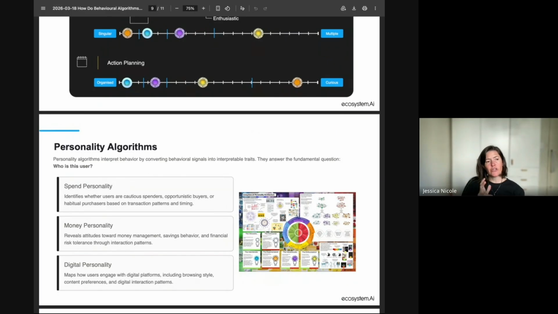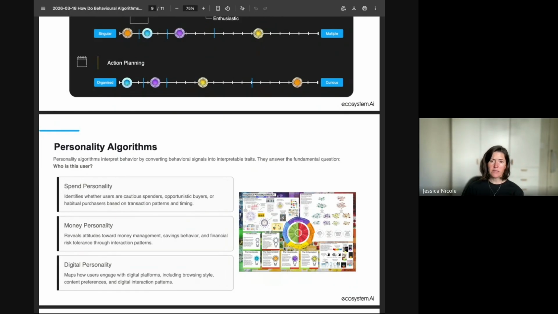Now, just as a note with regards to these personality algorithms, your spend personality and your digital personality can come from a place of not having that much information about people. So you can use derived data from personality profiles that are already well established in order to determine how newcomers into a space would have their personalities defined as well.